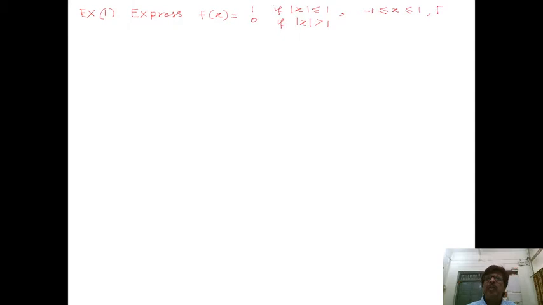It can also be denoted by this interval. And greater than 1 means the interval which is the complement of this interval. It is minus infinity to -1 union 1 to infinity. That is the complement of this.